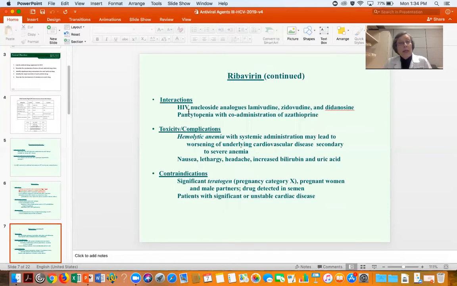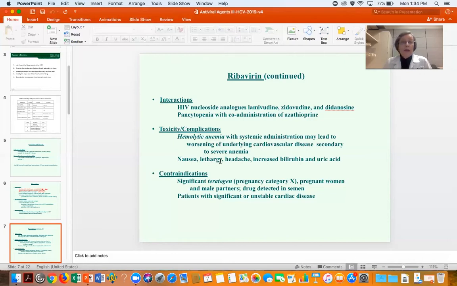It interacts with HIV nucleoside analogs listed here, lamivudine, zidovudine, and didanosine. Causes pancytopenia when it's co-administered with azathioprine. One of the more toxic complications is hemolytic anemia, which occurs with systemic administration and may lead to worsening of an underlying cardiac disease secondary to severe anemia.